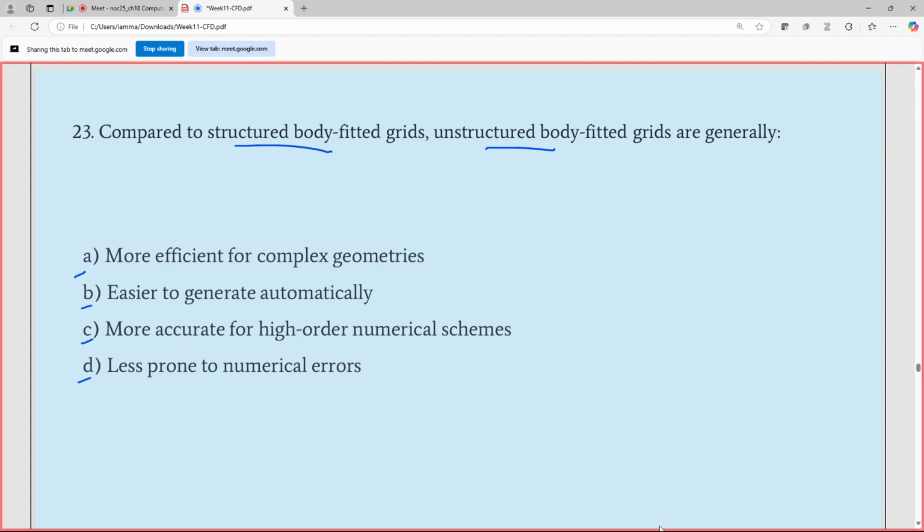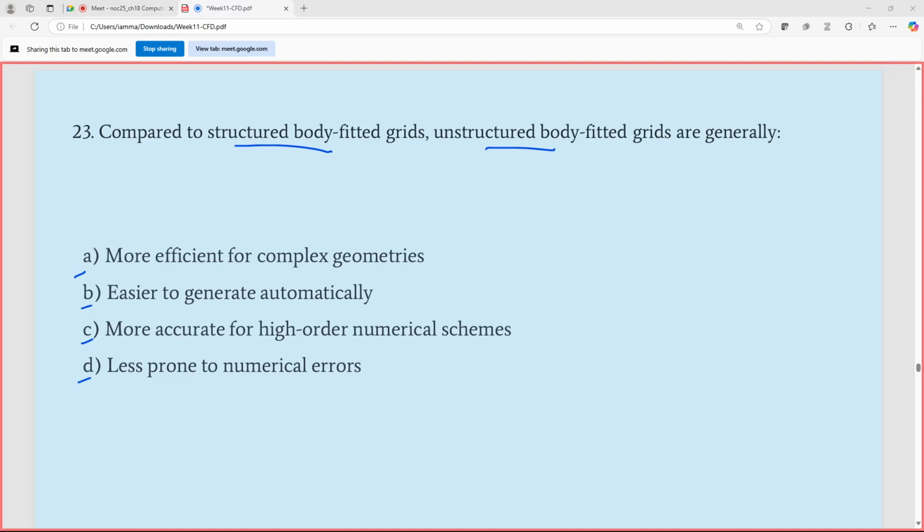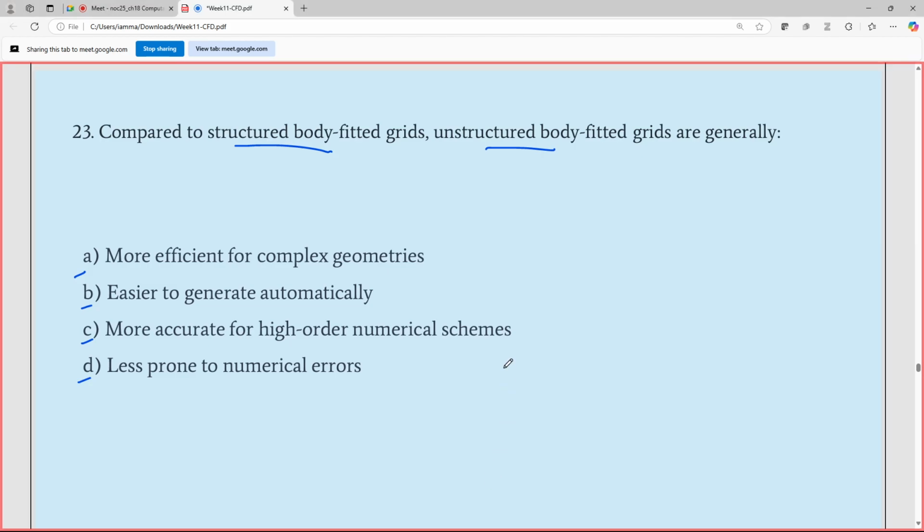So the answer is option A, that is more efficient for complex geometries. Our answer is option A, more efficient for complex geometries.